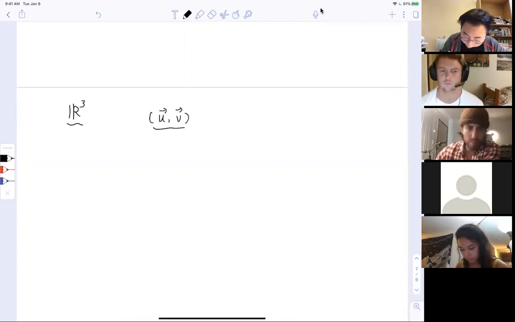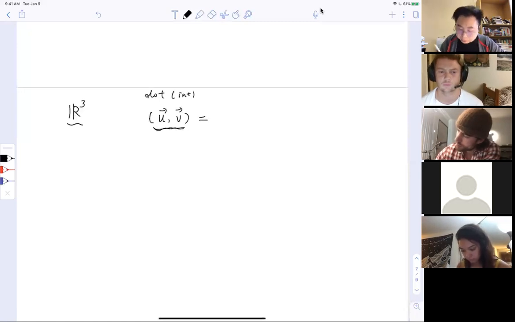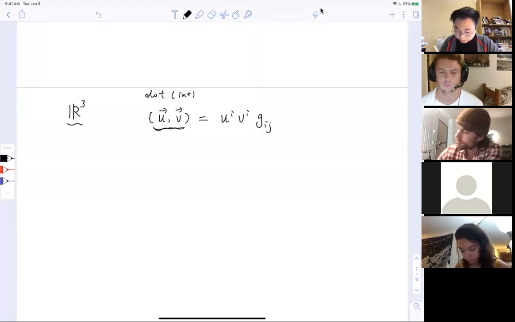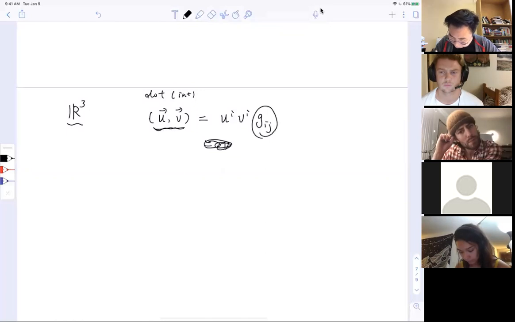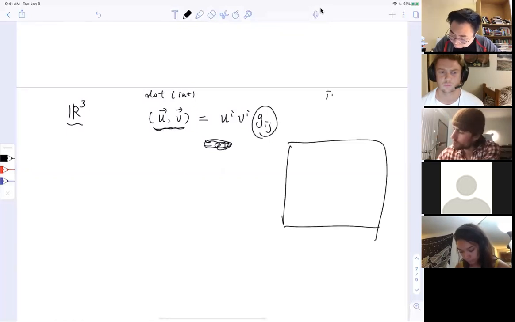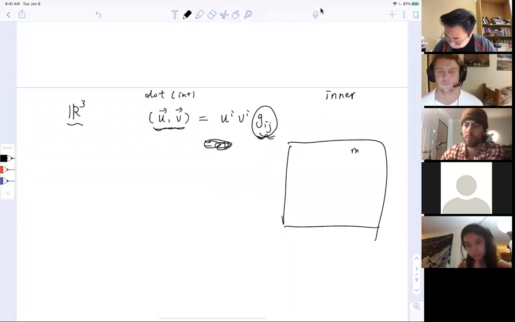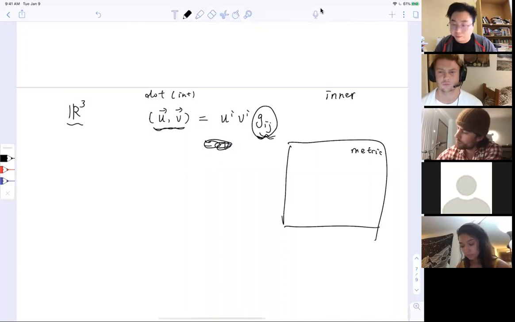When we talk about dot product or inner product, the rigorous definition is U^i V^j, or rather it should be written like this, meaning that there's a matrix. To talk about the inner product of a vector space, you should always specify the metric of that vector space.